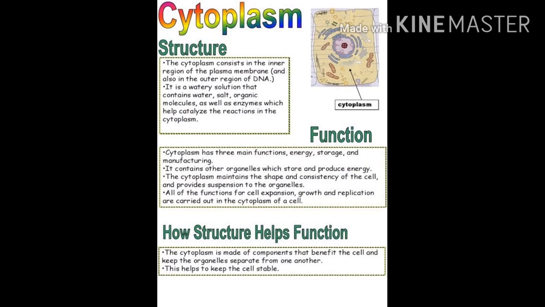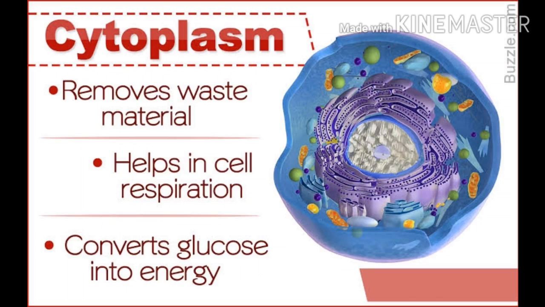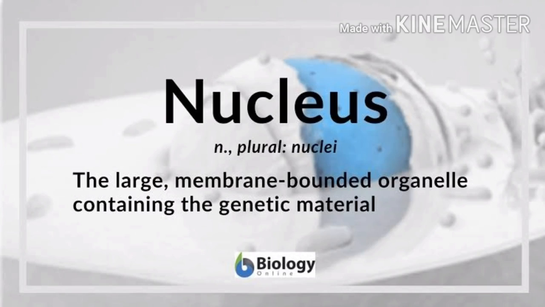So, the cytoplasm is made up of components that benefit the cell and keep the organelles separate from one another, which also helps the cell to be stable. So, the main functions of the cytoplasm are: it removes waste material, it helps in cell respiration and converts glucose into energy.